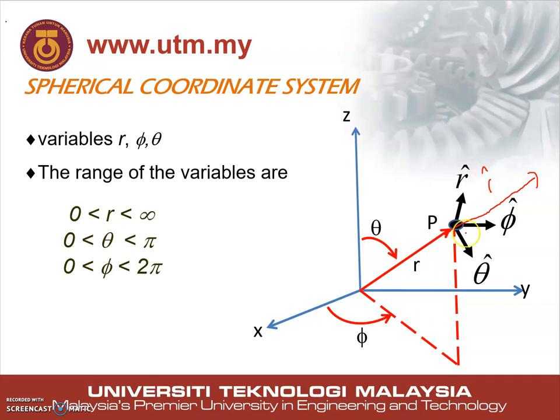The next one is in the phi direction; you will have it here. For the theta direction, don't be confused, theta direction will be in this direction, going through here. So if you have 90 degrees, the theta will be until here.